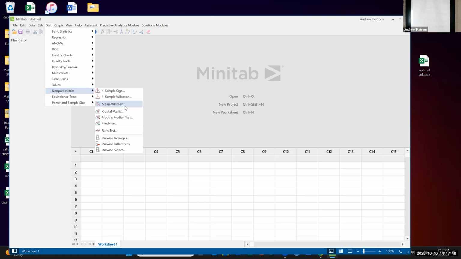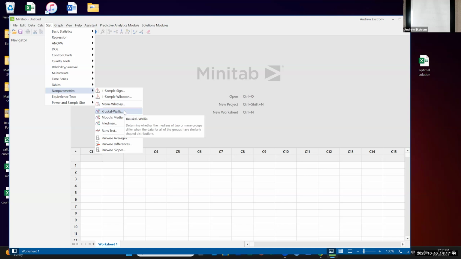So if anyone gets into engineering or product and operations management, and you start looking at, say, how long certain products last, and you start testing them for that, they should have the same distribution. It's not going to be a normal distribution. So you can use the Mann-Whitney on that.